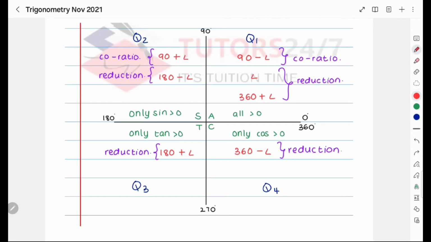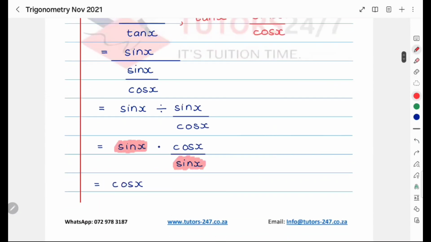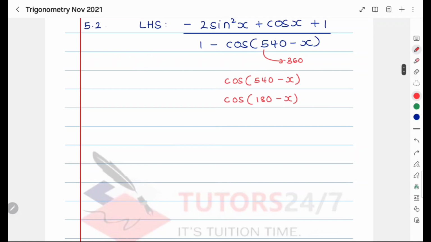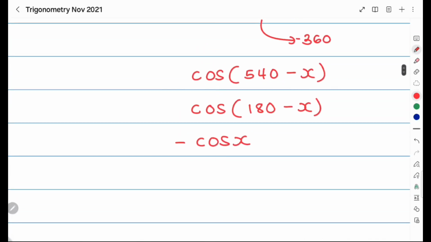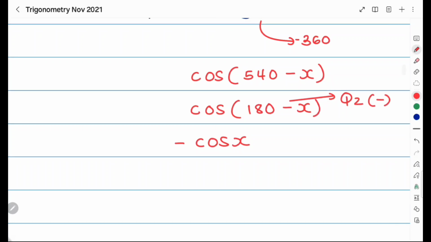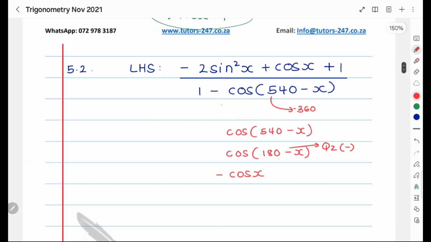So we can reduce cos of 180 minus x into negative cos x. Don't forget that this is in quadrant 2 where cos is negative. So we've now reduced that bottom denominator.